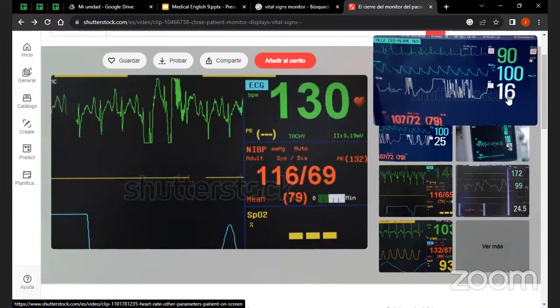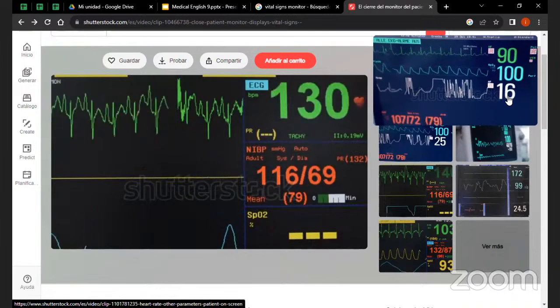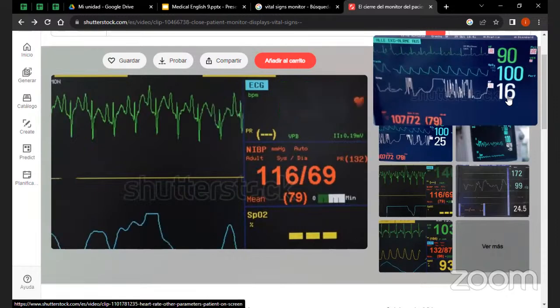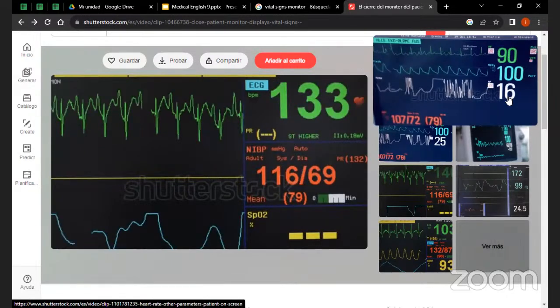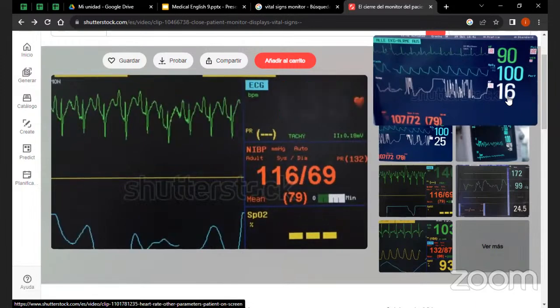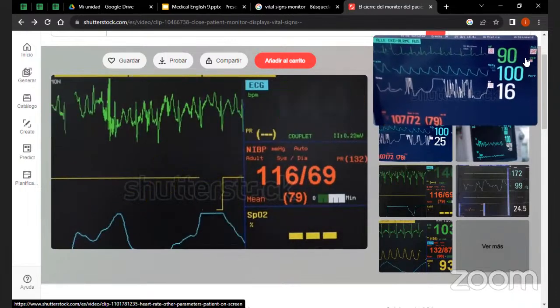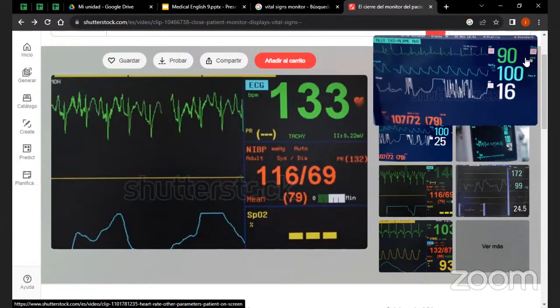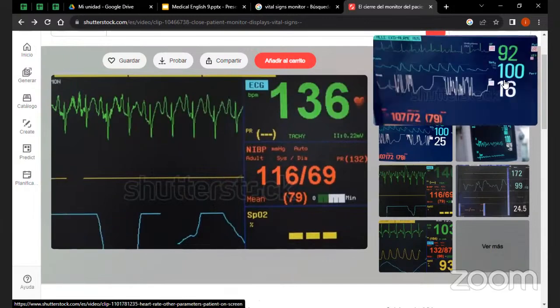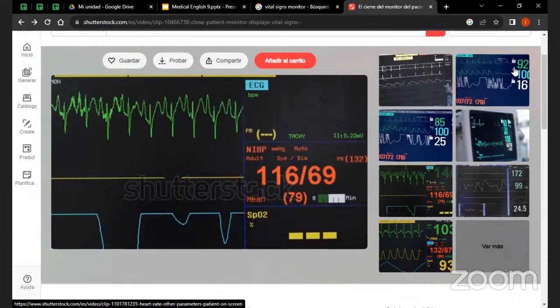I think it's okay. Are you sure? What about the readings of the oxy, electrocardiogram? It has a very huge, a very high T wave, right?